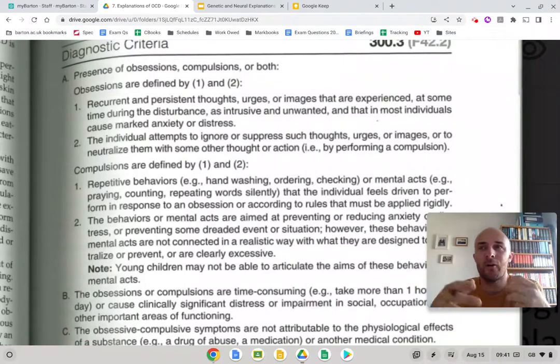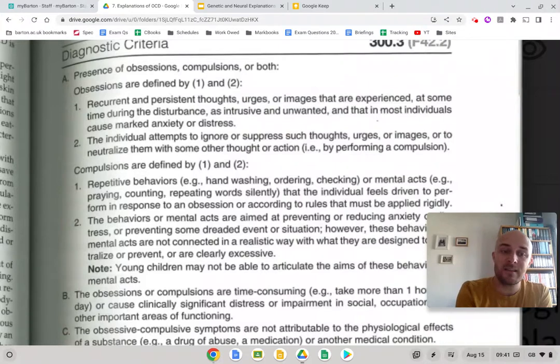And on some level, you kind of know that this is irrational. People with OCD, unlike people with depression, mostly know that what they are thinking doesn't actually make sense. They know on some level, but they cannot help to shake the feeling, and they cannot shake the stress of it.